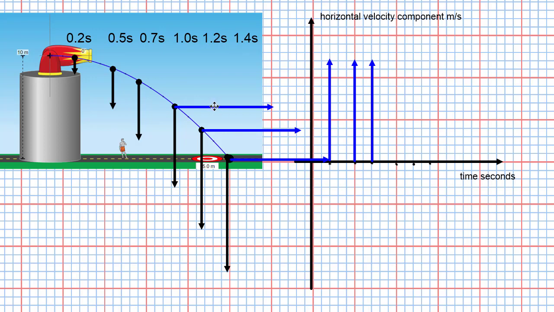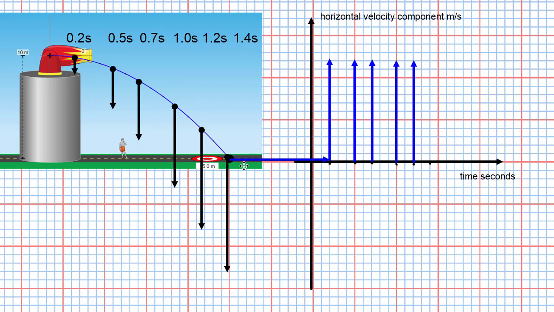1 second, the horizontal components, we drag that over like that and we place it like that, stack it like that, 1 second. The penultimate one at 1.2 seconds, we'll take that away and we will turn it over and put it on the graph at the 1.2 second mark.